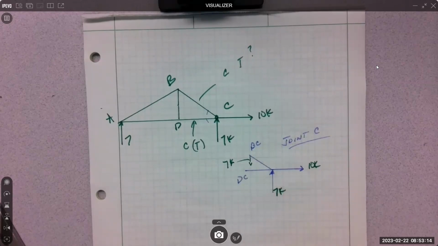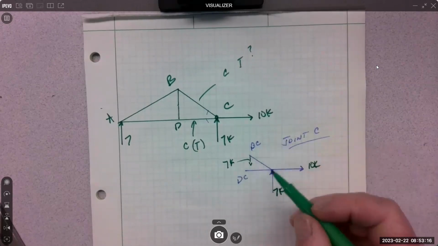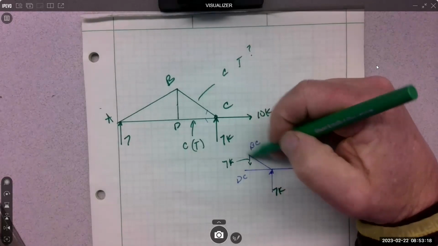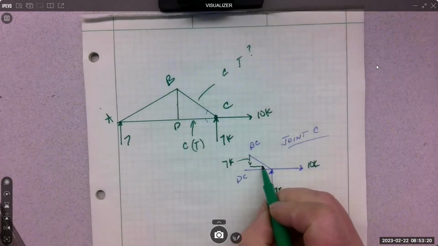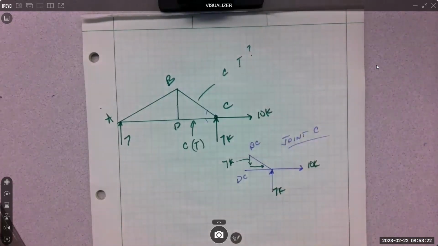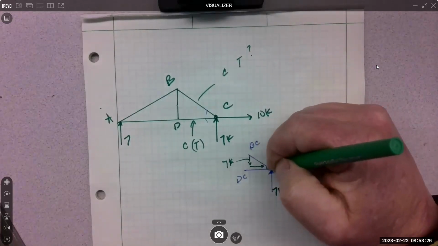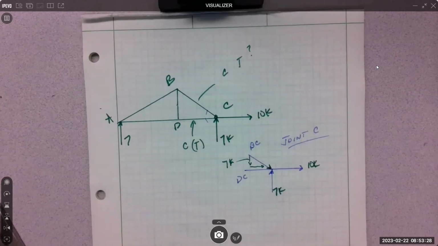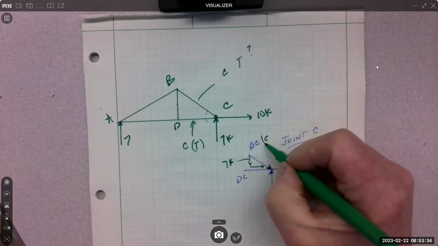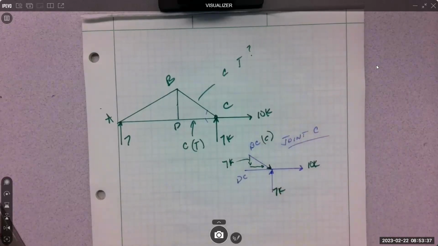If the y component of BC goes down, and I know this is the line of action, then the x component must go that way. It has to, in order for BC to become a vector that has an arrowhead on it, right? So BC is in compression, points into the point.